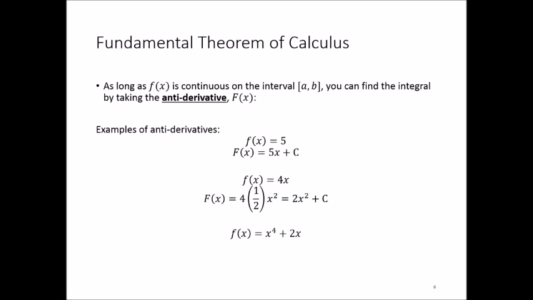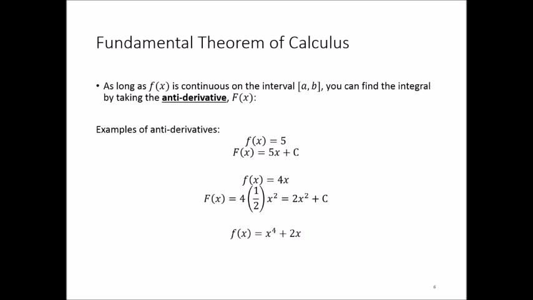The nice thing about integrals is that just like derivatives, addition and subtraction are additive. So what I mean by that is when I take the derivative of a polynomial, I don't need to worry about how many terms I have. I just take each of the separate terms and take their derivatives individually.